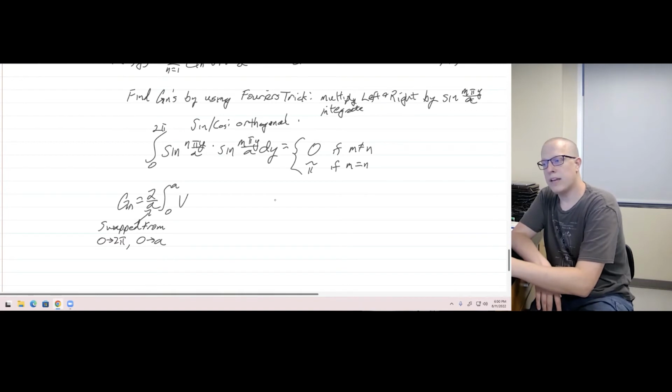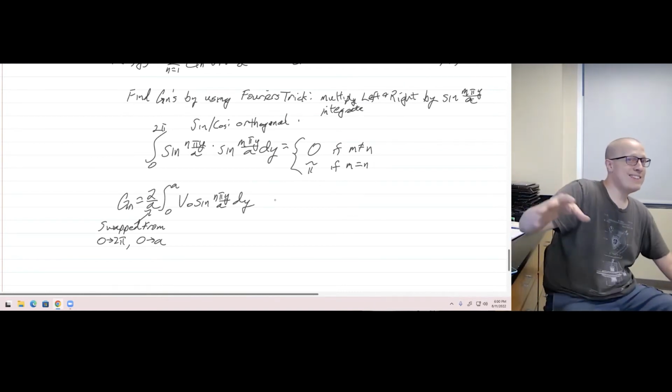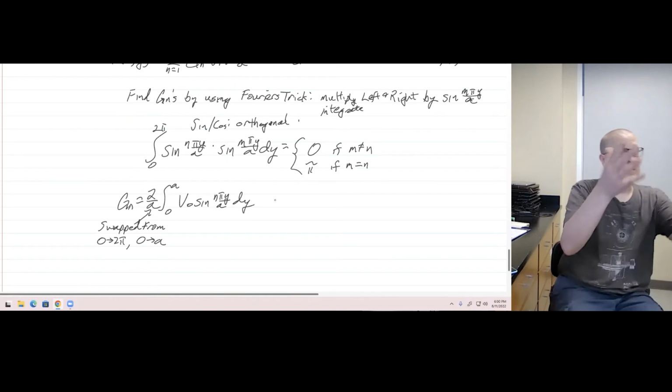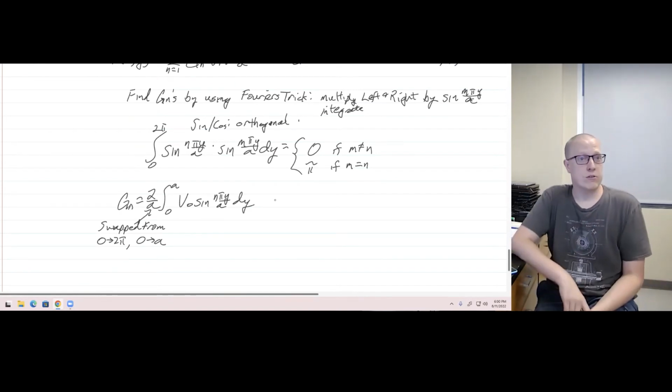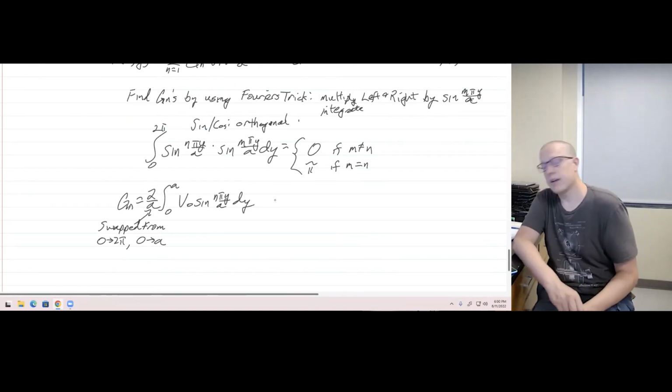And what I end up doing is I multiply by this constant, and I do sine of n pi y dy. And that is a simple integral to do, right? In this case, we're just taking an integral of sine, and that's it.